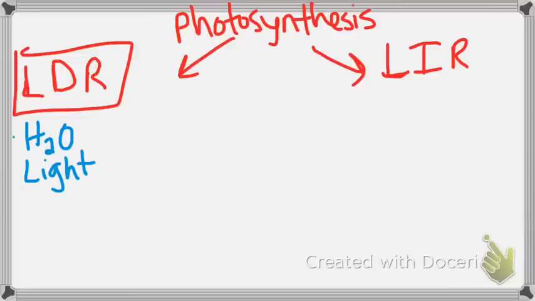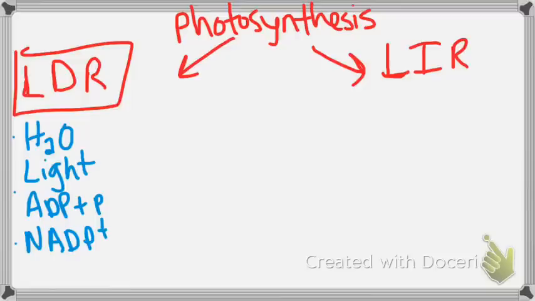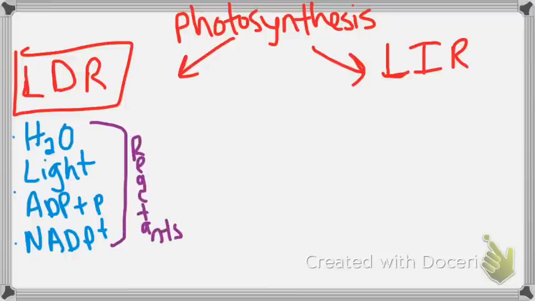We're also going to need ADP plus a phosphate and NADP plus. So NADP plus is like the opposite of NADPH. Okay, so it's one of our electron acceptors. Right, so these will be our reactants, and it's going to use these reactants to produce oxygen, okay, which is a waste product.